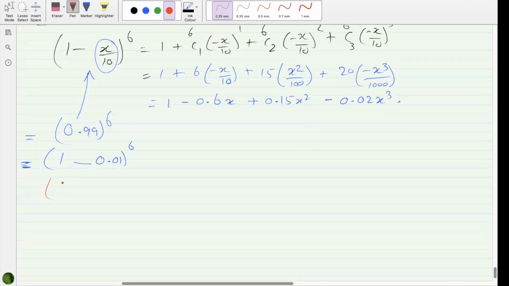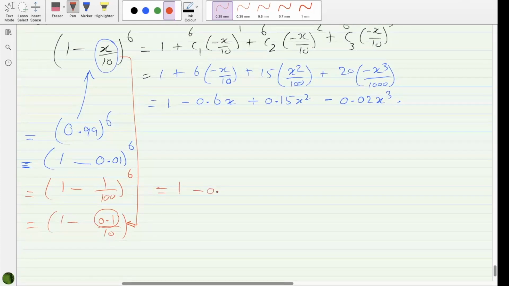So when I write 1 minus 1 by 100, is it same? In order to get 10 in denominator, I'm dividing both numerator and denominator by 10. That is 1 minus 0.1 by 10. Now these are exactly in the same form. So value of x is 0.1. So it will be 1 minus 0.6 times 0.1 plus 0.15 into 0.1 squared minus 0.02 into 0.1 cube.